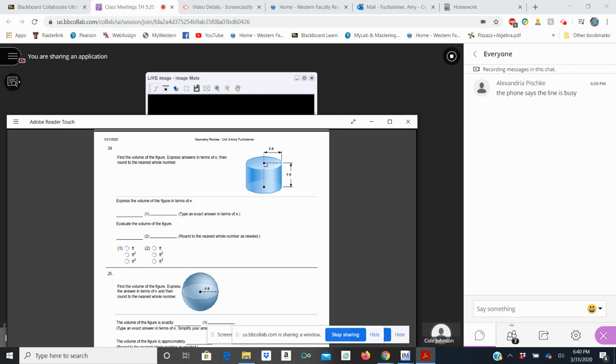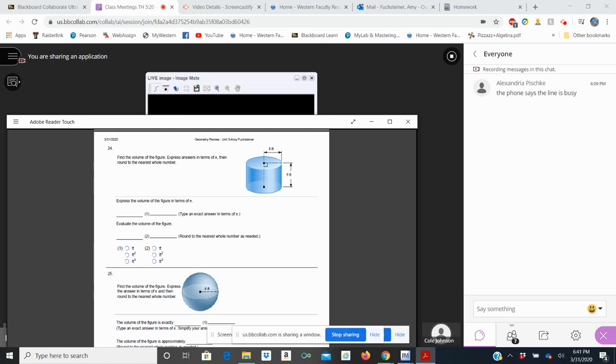So I'm going to work with just the numbers first. And using my calculator, I'm going to do 4/3 times 6 cubed. That gives me a 288 pi. That would be feet cubed.